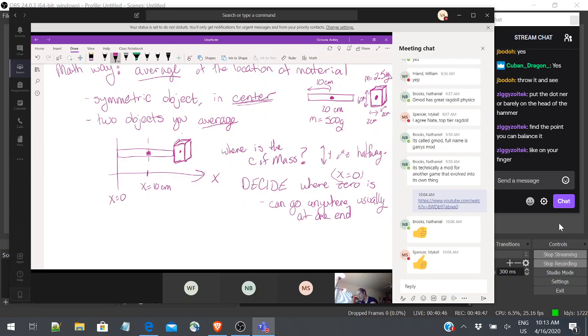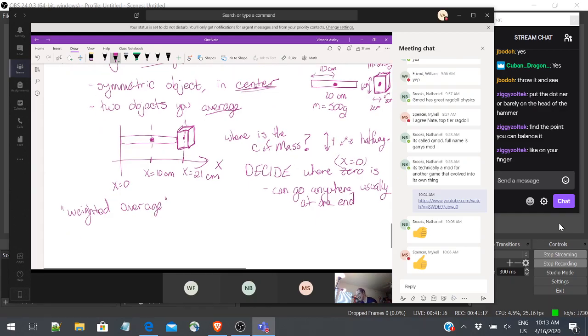And then at, what is this going to be? 21. Looks right. 21 centimeters is the center of mass for the head of my hammer. So I am going to take the weighted average, which I think is really funny. It's not actually a pun, but it kind of is because it is a weighted average.